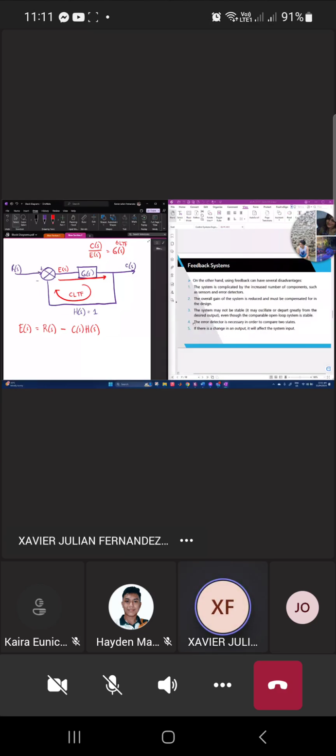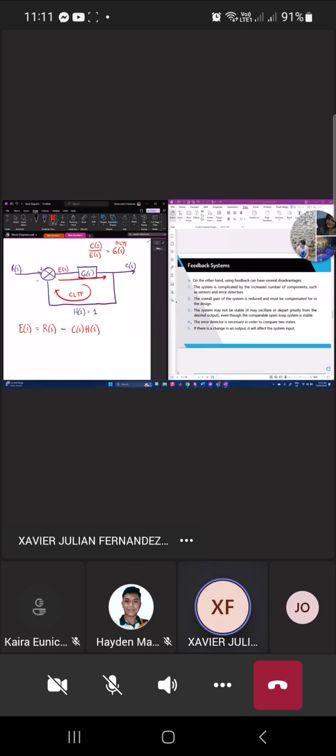The first concern for a feedback system is that it makes the total system complex, because you're introducing a feedback loop. Meaning you have to have a mechanism, especially in the implementation, to collect the output response that you feed to the comparator.